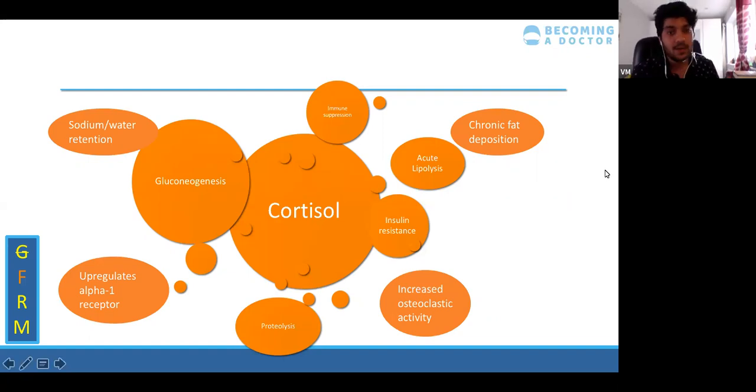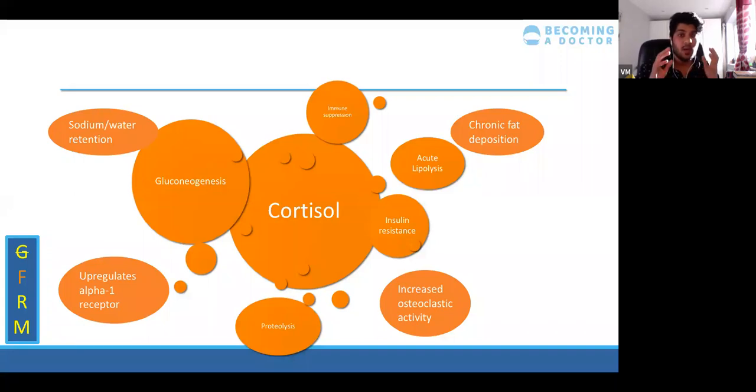If we have periods of stress in our life, cortisol gets switched on, and it spurs on the liver to undergo gluconeogenesis, so conversion of glycogen to glucose. It breaks down proteins into free amino acids.